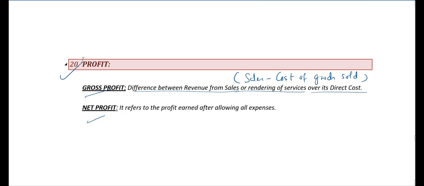Net profit is a profit which is earned after allowing for all expenses, be it a direct expense or an indirect expense. So the total of sales minus the direct cost of the goods sold is gross profit, whereas net profit is the profit which is earned after allowing all possible expenses.